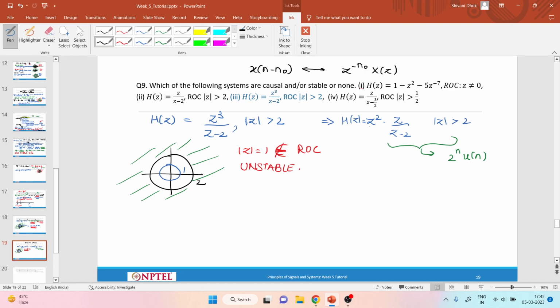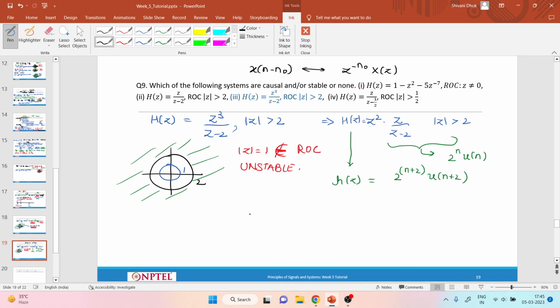So here my n naught is basically minus 2, which means that I'll have to shift n by a factor of 2. So h of n is equal to 2 to the power n plus 2 into u of n plus 2.